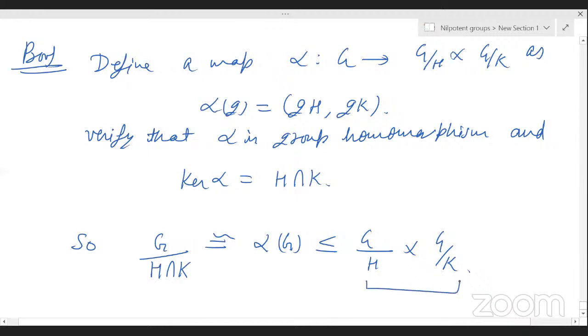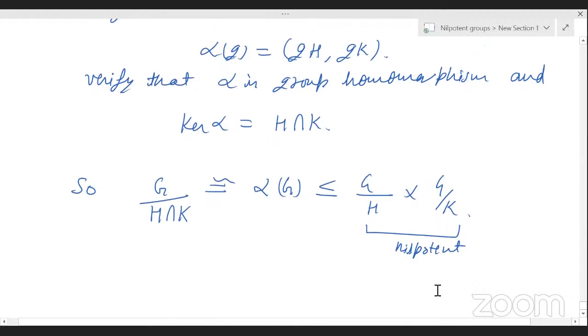So this product is nilpotent. And we have shown that a subgroup of a nilpotent group is nilpotent. So this is nilpotent. And because both are isomorphic, G by H intersection K is nilpotent.